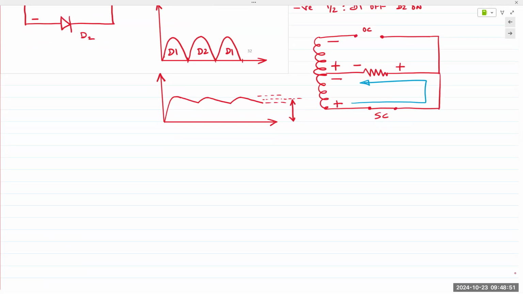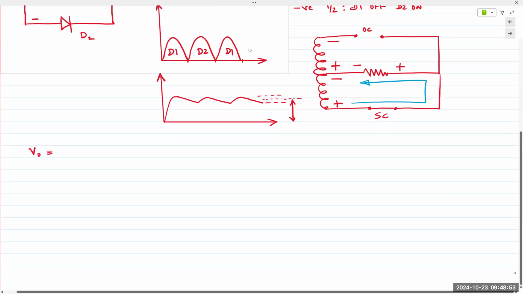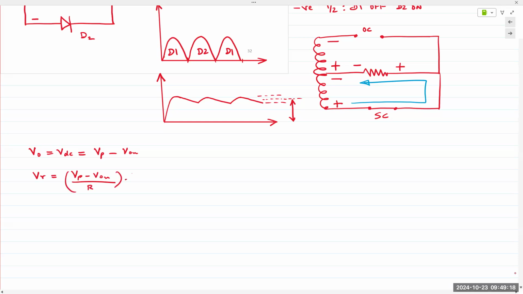So for a center tap, V out or VDC is equal to VP minus V on, same as the half wave because there's only one diode. And then VR, the ripple voltage, would be the same as the bridge rectifier diode because there's only one diode in each direction. So VP minus V on divided by R times T over 2C.